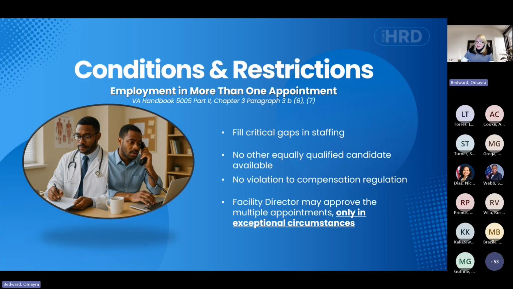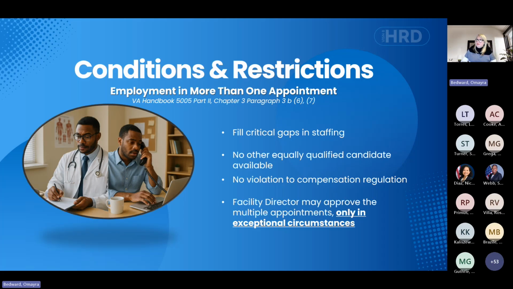There's more information as to why the facility director can approve multiple appointments, but I'm going to read just a little bit because the paragraph is extremely long. So I'm going to refer you to go and read section 5005, Part 2, Chapter 3, Paragraph 3B, Paragraph 7, okay? I'm just going to read the leading sentence and let you read the bullets because it's a little bit longer.